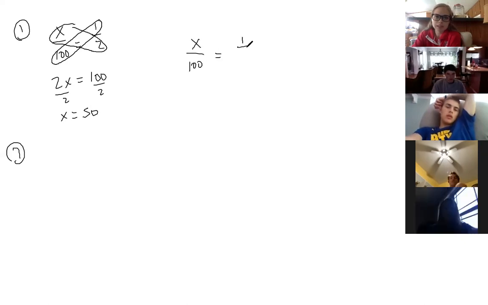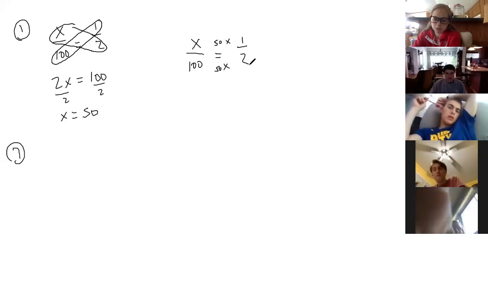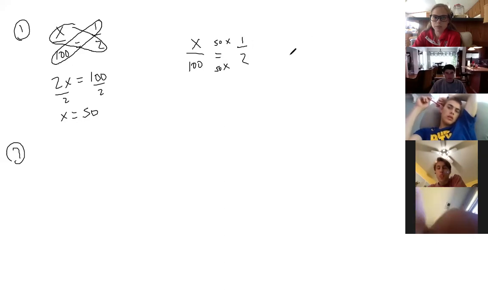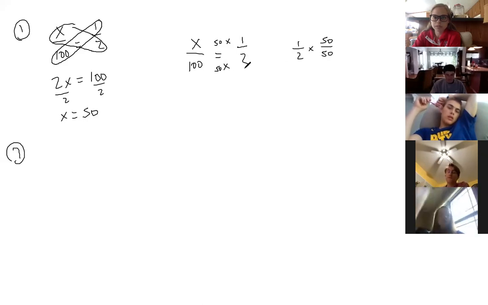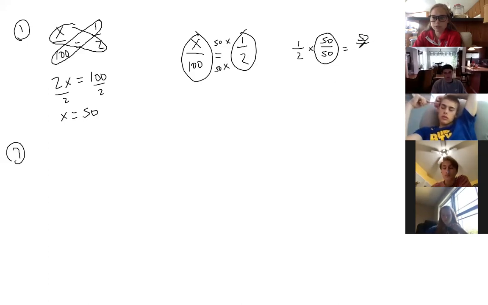Technically, you can look from side to side and say, how did you go from 2 to 100? Well, you multiplied 2 times 50 to get 100. So in order to get equivalent fractions, I would have to multiply 1 times 50, because I want this fraction to equal 1/2. And how do I do that? Well, I can only do it by multiplying by a value of 1. So that would be 50 over 100.